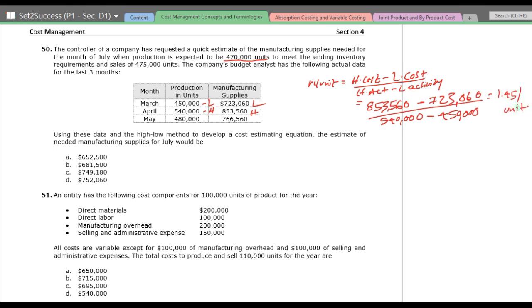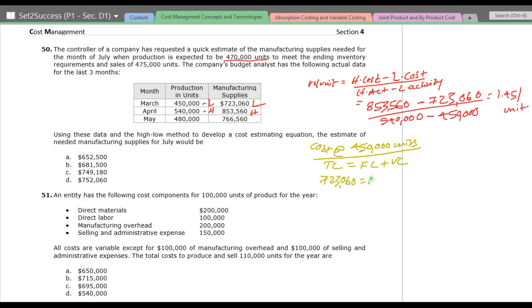Now let us find the cost at 450,000 units. The total cost is equal to fixed cost plus variable cost. Total cost at 450,000 units is 723,060.